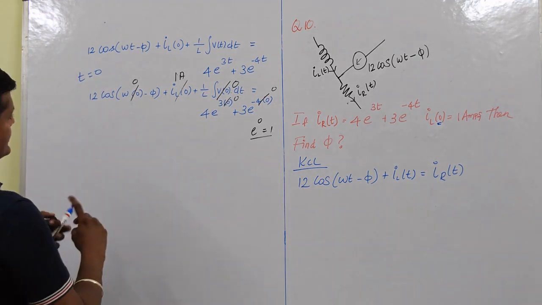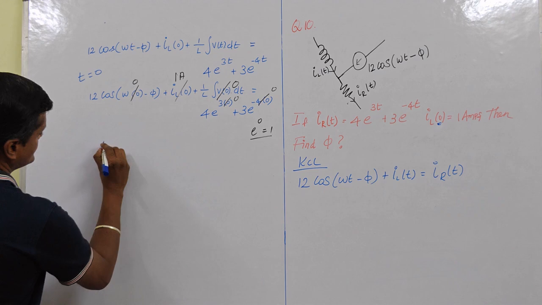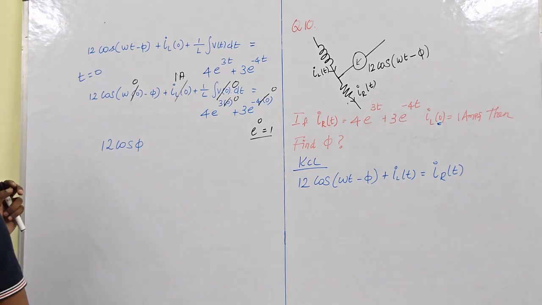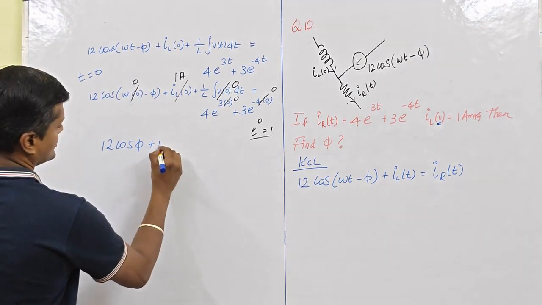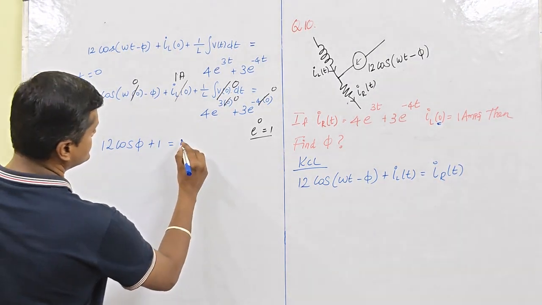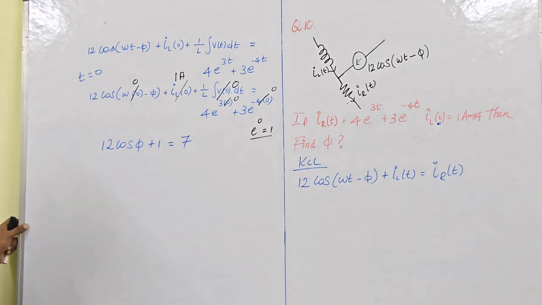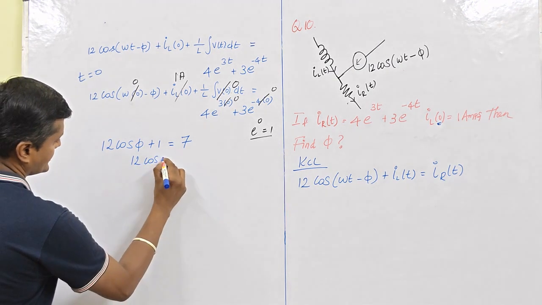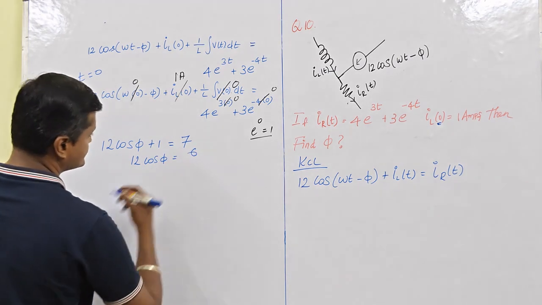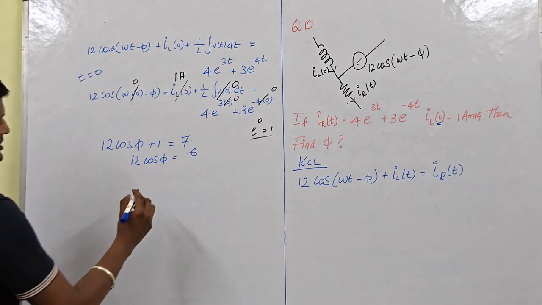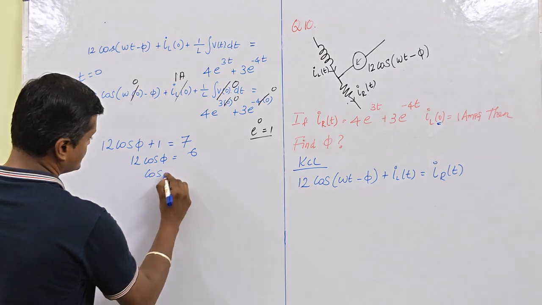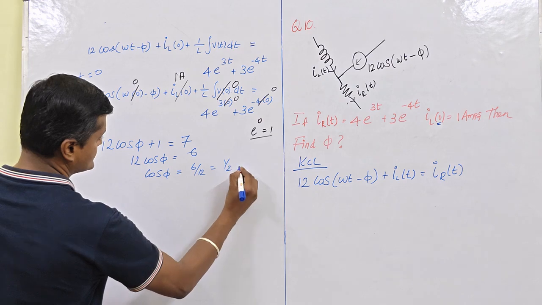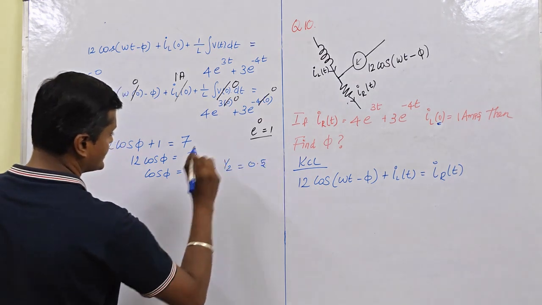Now rearranging, we write 12 cos phi plus 1 is equal to 7, since 4 plus 3 is 7. So 12 cos phi is equal to 7 minus 1, which is 6. So cos phi is equal to 6 divided by 12, that is 1 by 2, or 0.5.